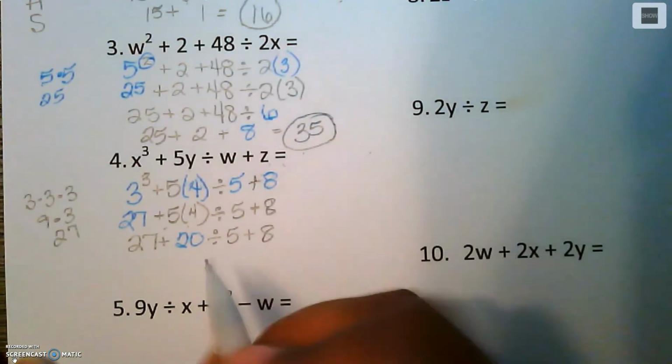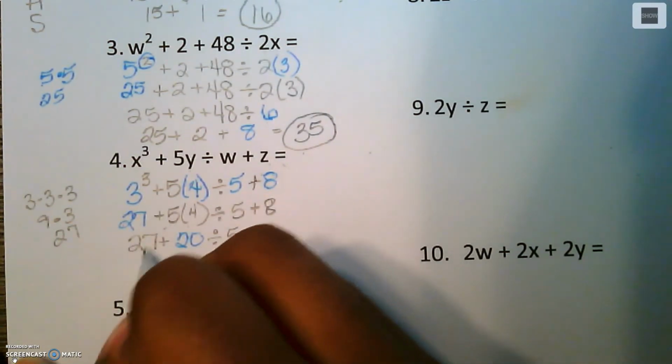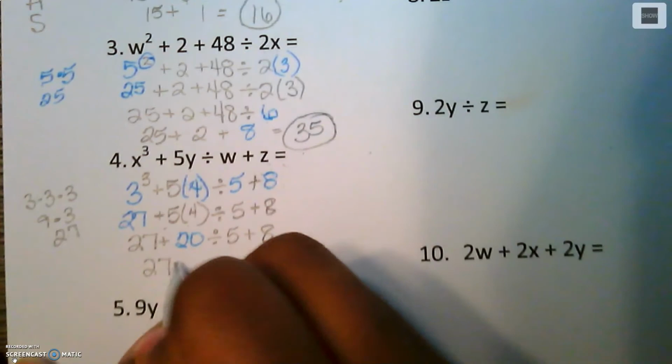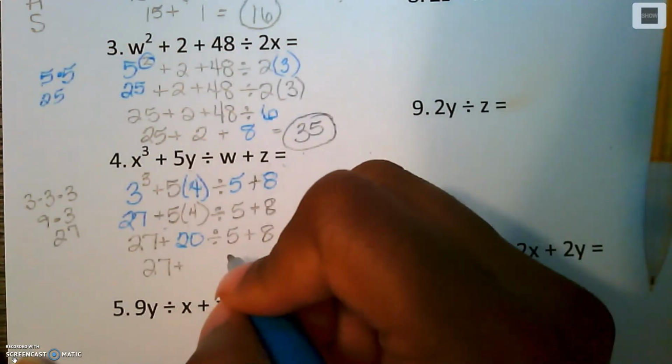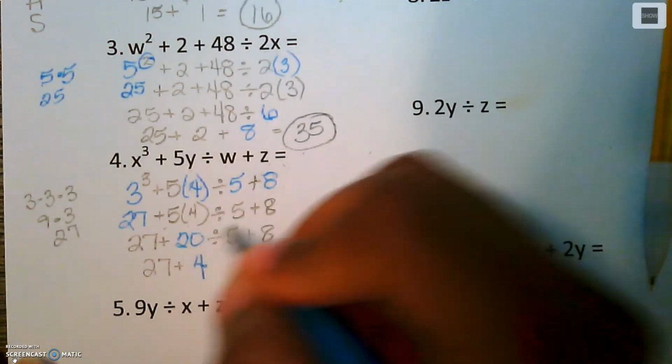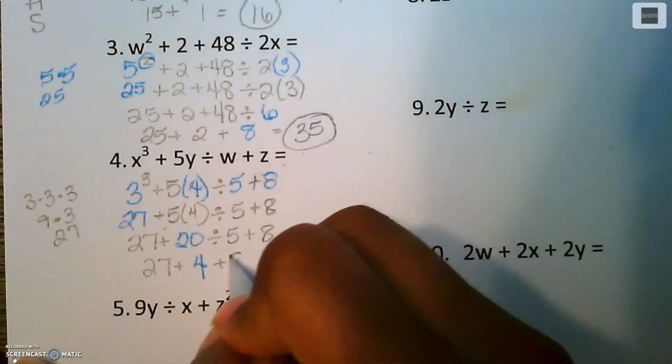So the next operation I'm going to do is division. So I'm going to do 20 divided by 5. So I'm going to bring down the 27. 20 divided by 5 is 4. Plus 8.